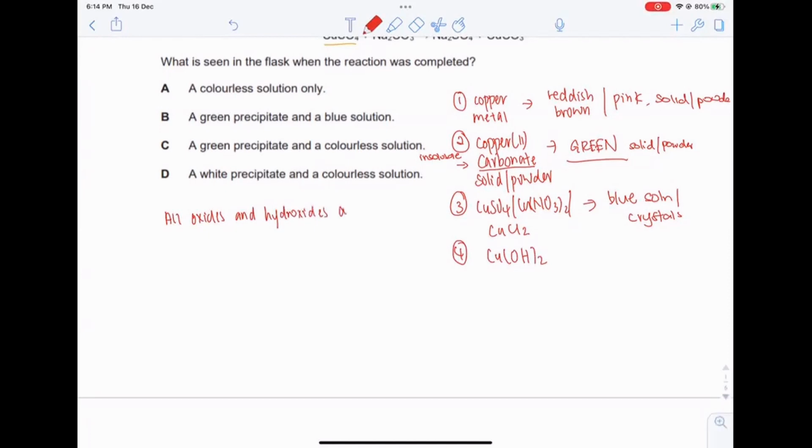All oxides and hydroxides are insoluble, except group 1 plus barium or strontium oxides and hydroxides, and of course, ammonium.